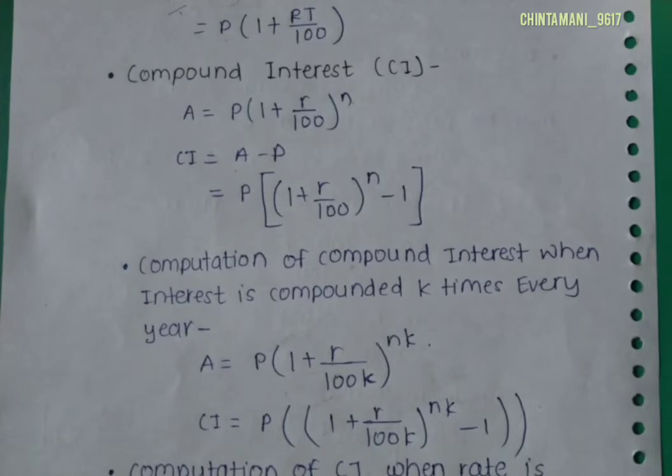Now let's talk about the case where it is compounded half yearly. So k will be 2 because it is calculated 2 times every year. Now let's talk about quarterly. That means k is 4, because a quarter means 3 months, and 3 months means 4 parts of the 12 months. So k will be 4. If compounded monthly, then k will be 12.